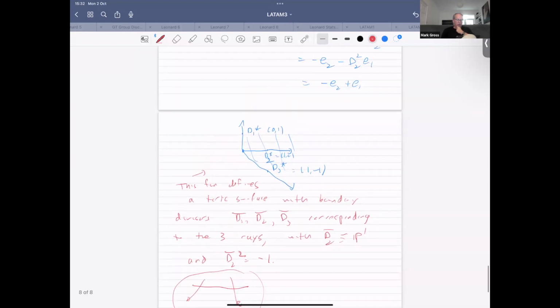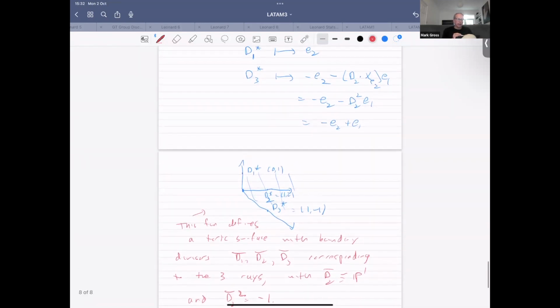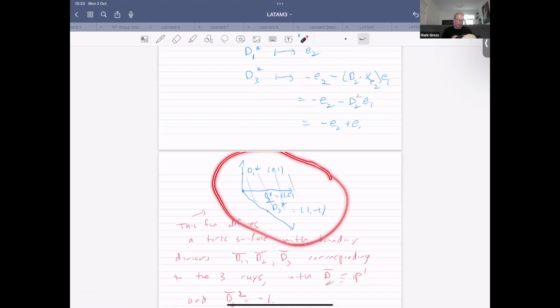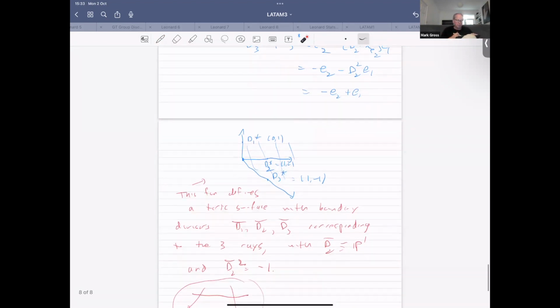So in other words, what we're doing over here is we're just writing down a fan that looks like it has a minus 1 curve in it. And that's really what that coordinate chart is trying to do in all dimensions. It gives you a little toric variety, a non-compact toric variety, which contains the P1, which has the right intersection numbers with all the divisors visible inside that toric variety.